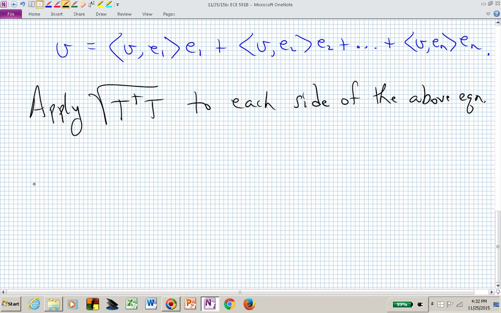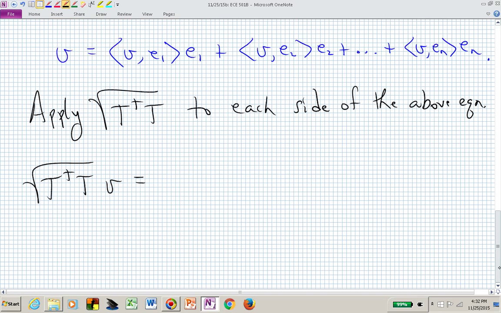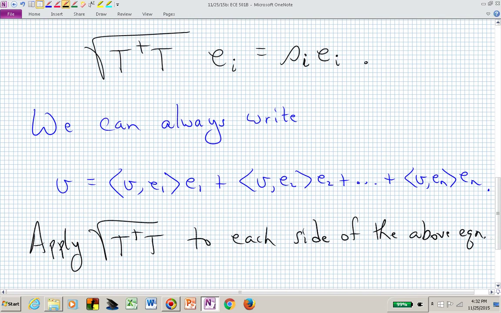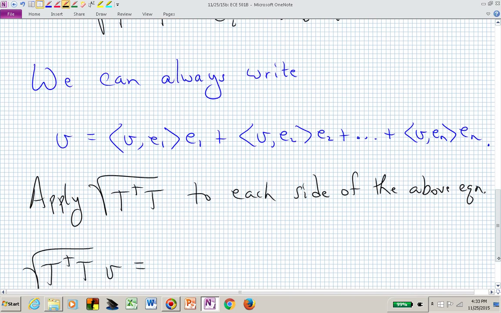If we do that, then we have the square root of T dagger T times v is equal to, and now remember the inner product of v with e sub i is just a scalar. That can be slid to the left of this operator, square root of T dagger T, and that square root of T dagger T operating on these eigenvectors gives us s sub i e sub i.